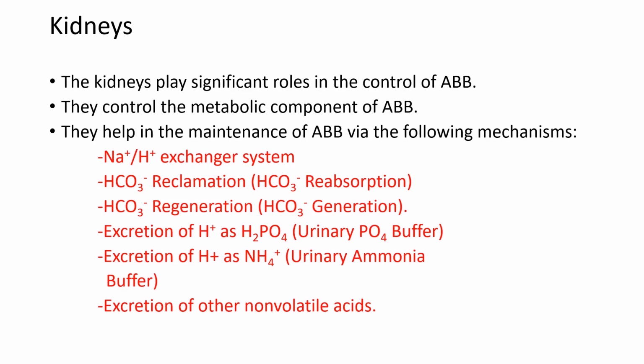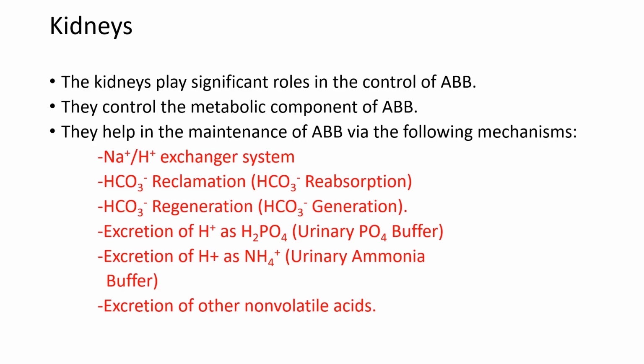Also, there is bicarbonate regeneration, which tends to go a further step ahead of bicarbonate reclamation to generate more bicarbonate for the body in situations where there is a dire need for bicarbonate in the body. I'm going to be explaining all of that in subsequent slides.